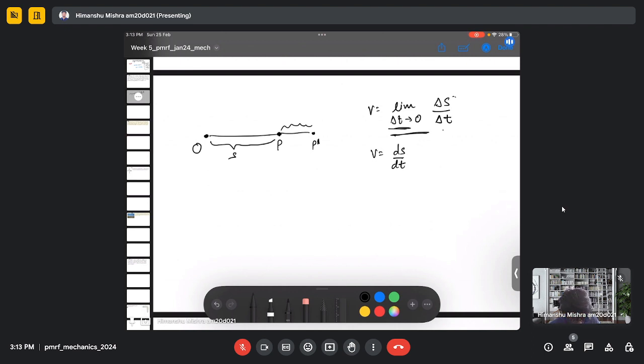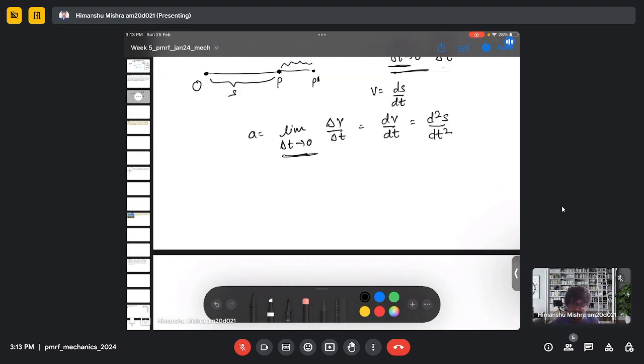Similarly, the acceleration will be given as the limit, as delta t goes to 0, of the change in velocity by the change in time, which we can simply write as dv by dt or d square s by dt square.